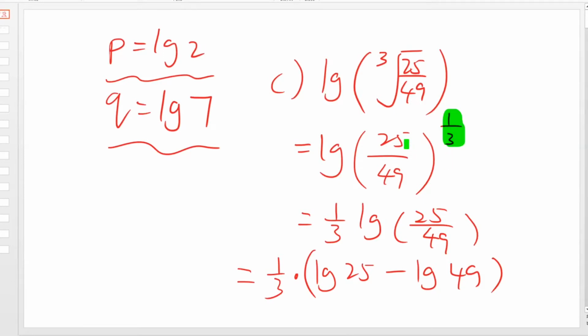Of course it matters, because with a bracket, the 1/3 applies to 25 and 49. Without the bracket, the 1/3 only applies to the 25. So that's the reason you need to have a bracket. Okay, can I move on?